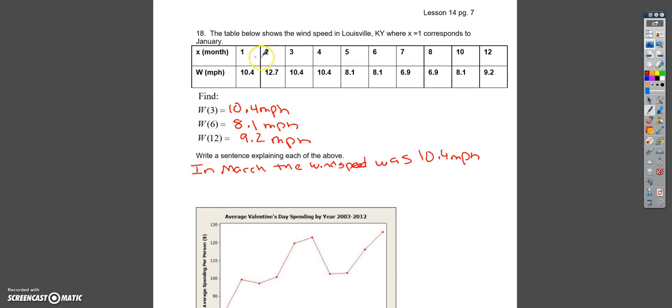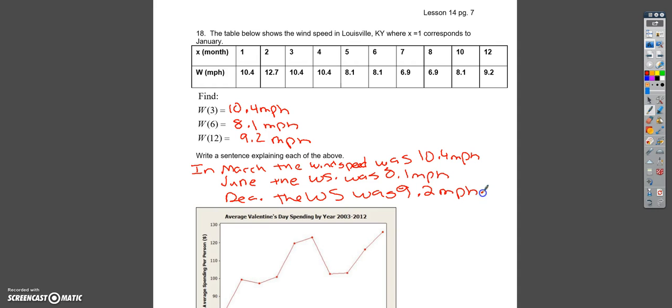In January, February, March, April, May, June, the wind speed was 8.1 miles per hour. And then in December, the wind speed was 9.2 miles per hour.